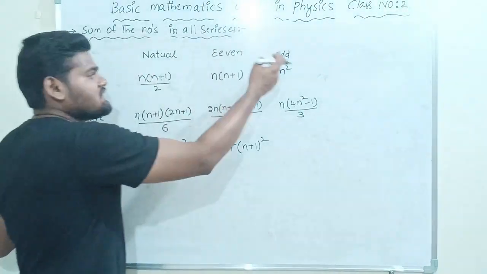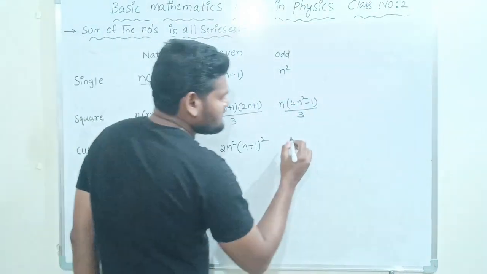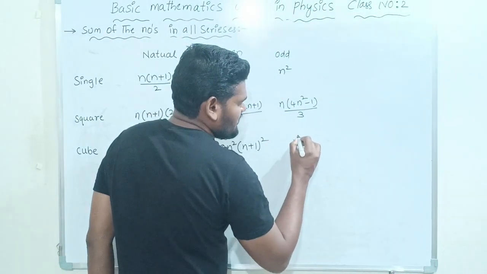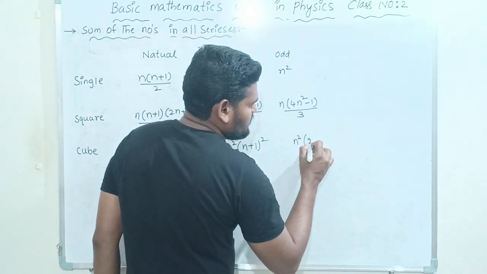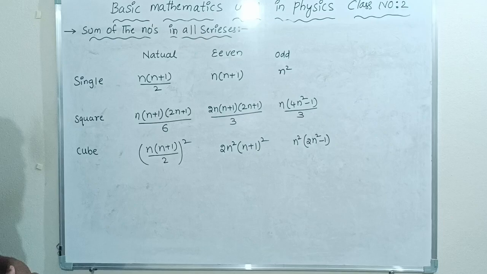If the numbers are odd and having the power cube, then the sum of the series is given by n square into 2n square minus 1.